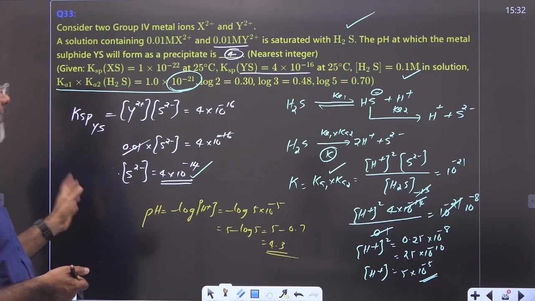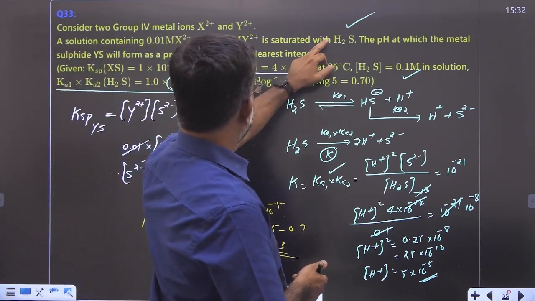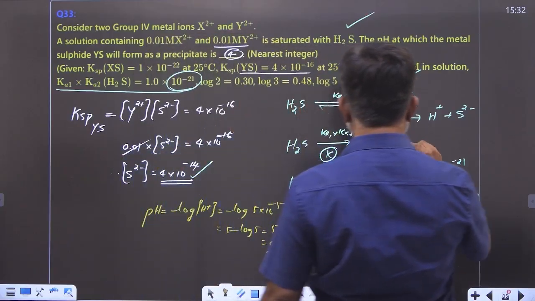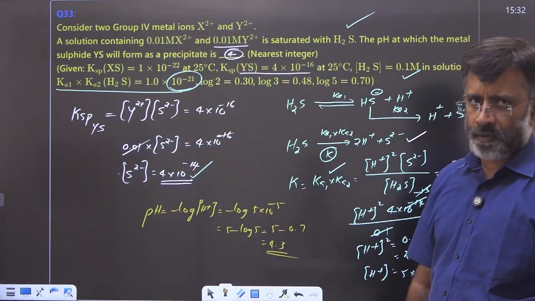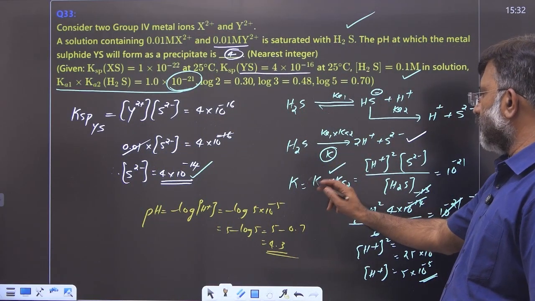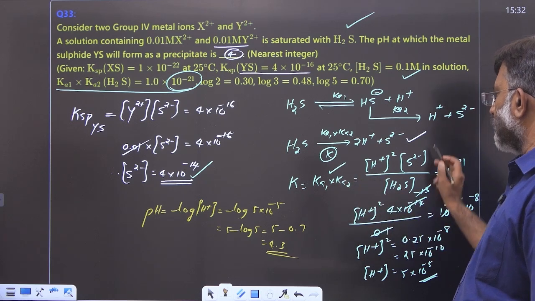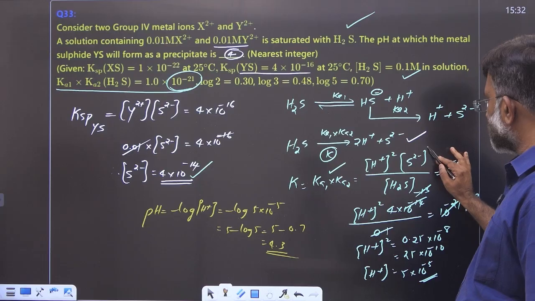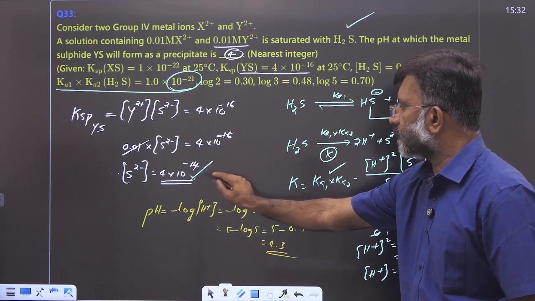Agreed? Now, H2S Ka1 Ka2 data is given. This is the H2S Ka1 Ka2 equation. So the equilibrium constant equal to Ka1 Ka2 equal to H plus square sulfide by H2S. This data we have just calculated.